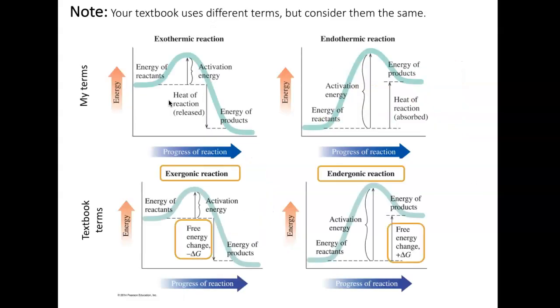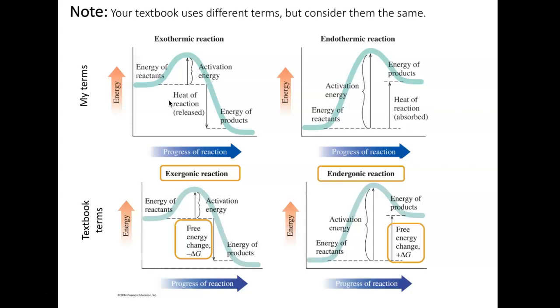So this slide is just to alert you to some slight differences in wording of your textbook versus my lecture notes. I like to use the terms exothermic and endothermic because I am just talking about heat. In the study of thermodynamics, there are other measures of energy, not just heat energy, but other types of energy, and I don't want to get into that at this level. For some reason, the textbook does a little bit. So you're going to see the terms exergonic and endergonic instead of exothermic and endothermic.